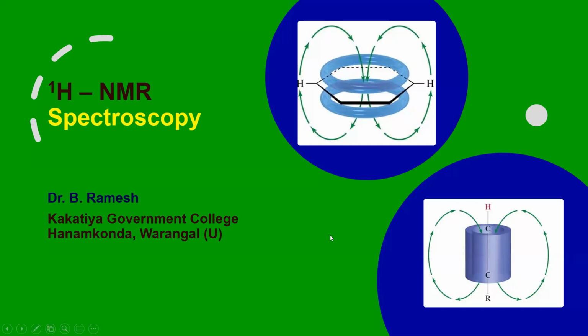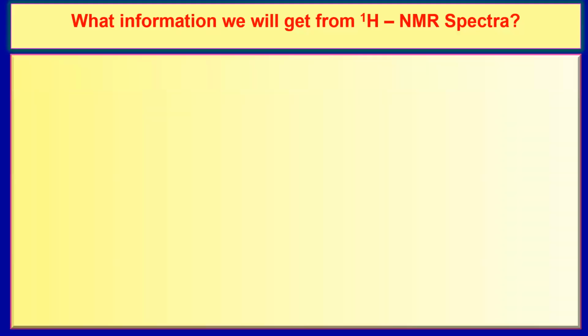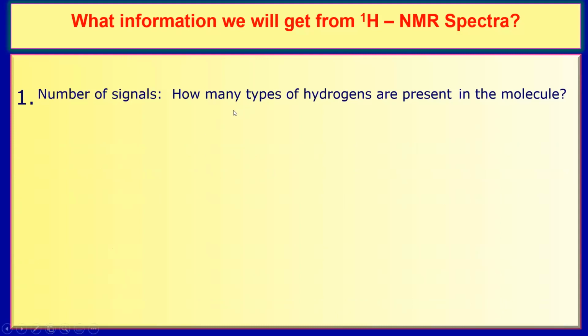So when you are given an HNMR spectrum, what will you look for? You'll be looking for the number of signals, that will indicate the number of different types of hydrogens.